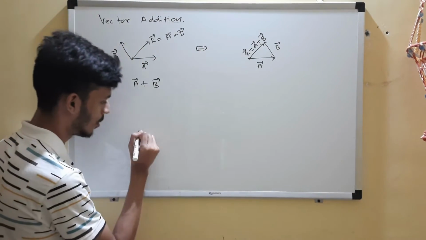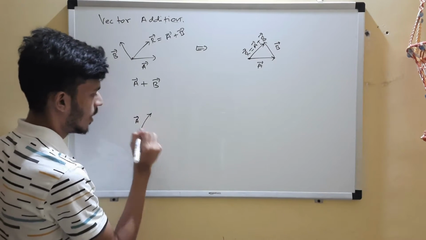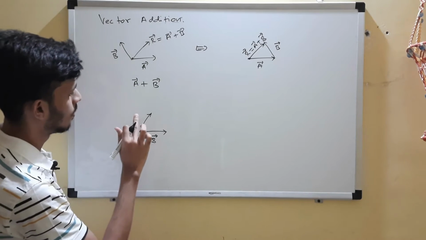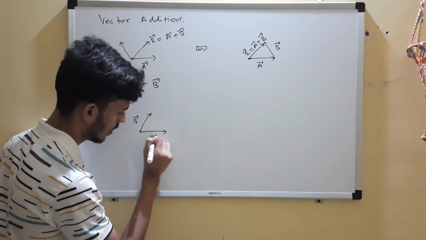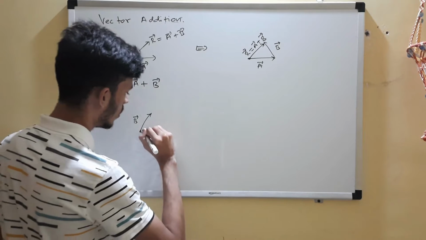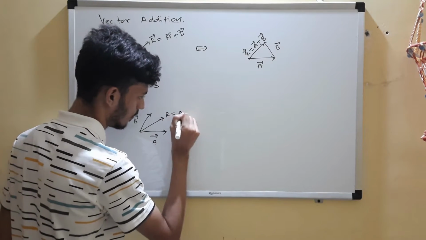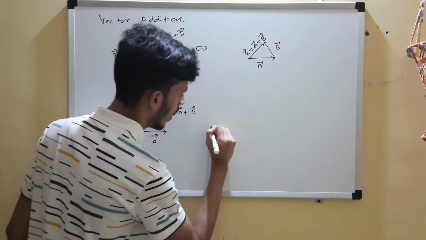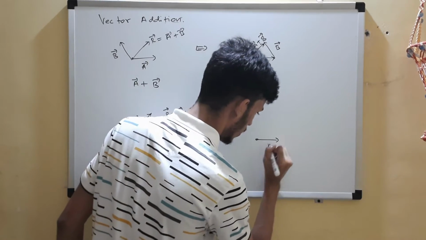One more, I'll tell you what the cheat code is, but patience for now. If you have a and b this way, I'll take this as b just for convenience, it can be anything. My cheat code says the resultant should be somewhat like this. So what does your triangle law say?